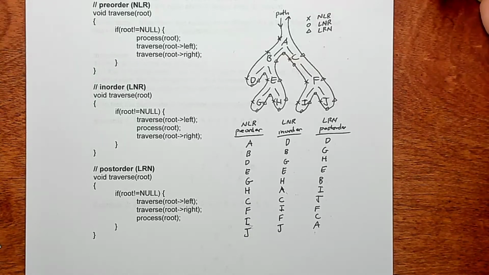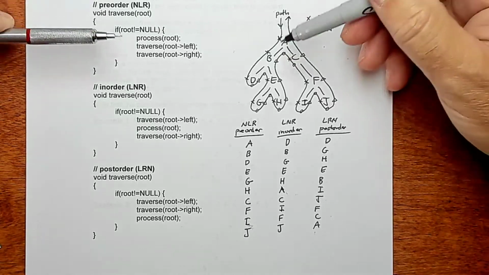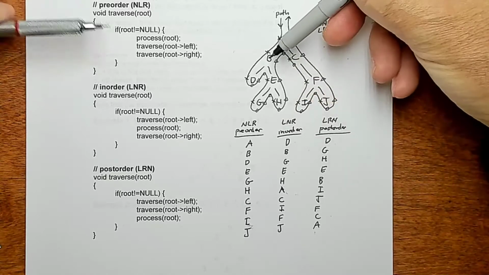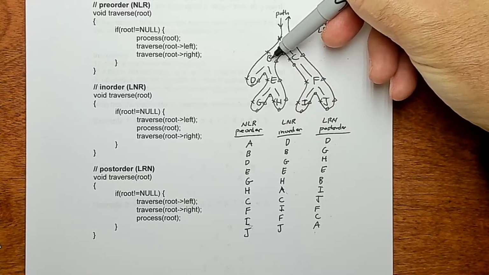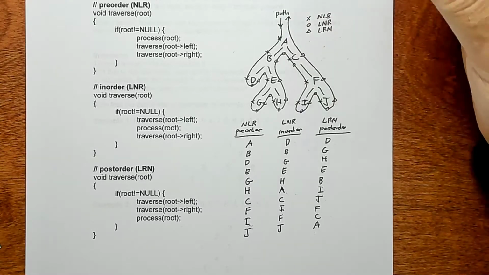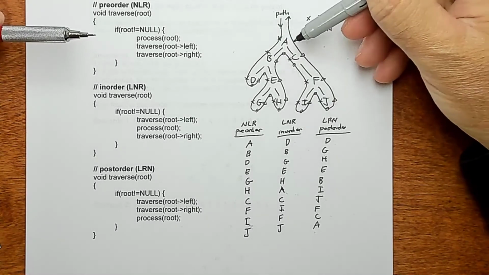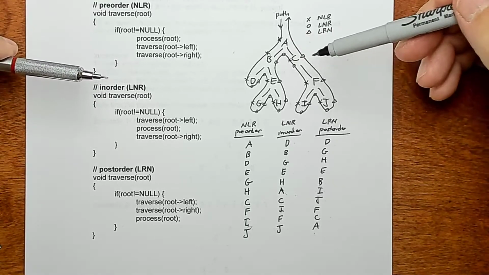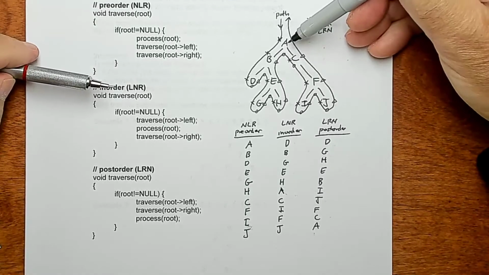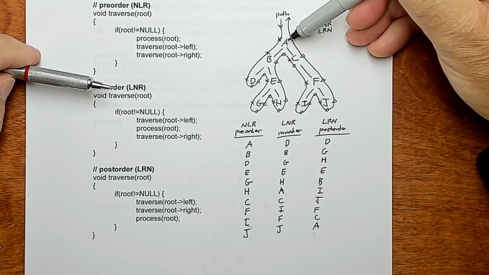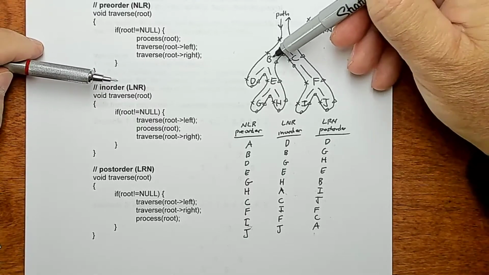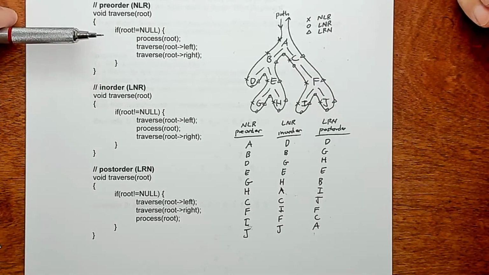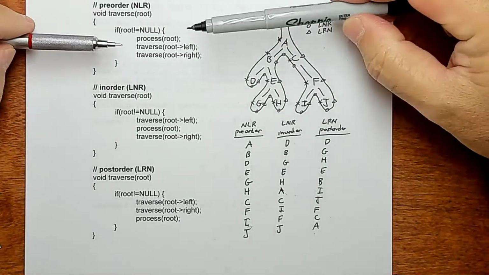Well, let's just call traverse on that. To process A's left subtree, which is an entire tree, just call the traverse function on B. That's the recursive idea. It relies on being able to see how a problem can be broken up into smaller versions of itself. Processing the tree A breaks up into two smaller problems, processing the left subtree and processing the right subtree, and that's seeing the recursion.